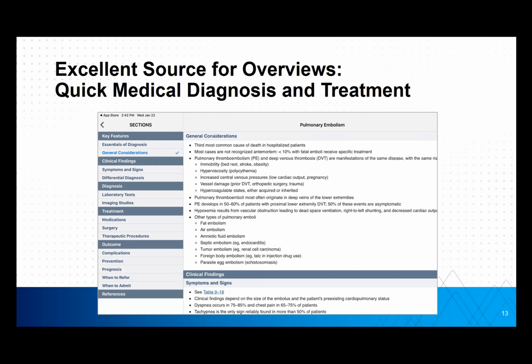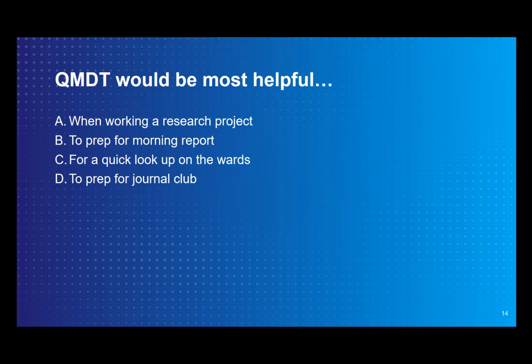It's just a background question, or general considerations with this condition, or DDX or whatever it might be. And the Quick Medical Diagnosis and Treatment resource, available on the AccessMedicine website, I find really, really helpful for that. This is a screenshot from the app version. So I will just throw that out there in case you're interested, because I think it's a helpful resource for those kinds of quick questions, much faster than UpToDate or a textbook.